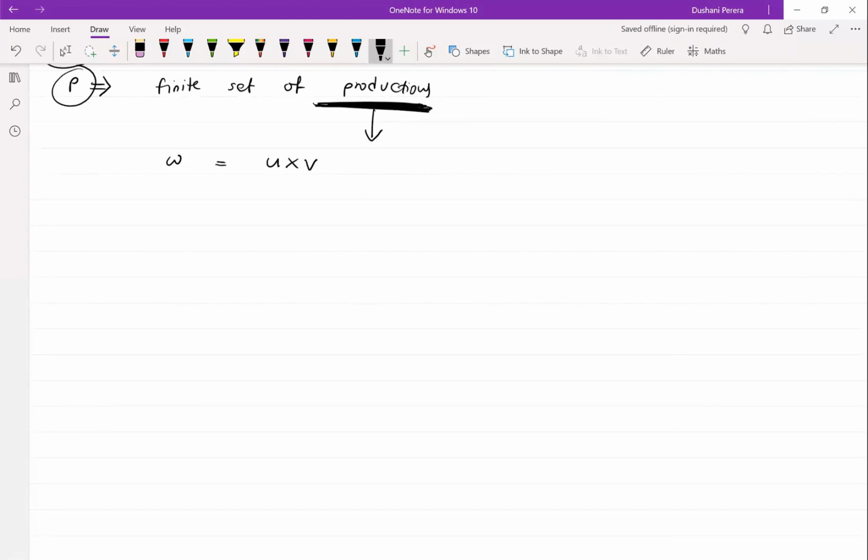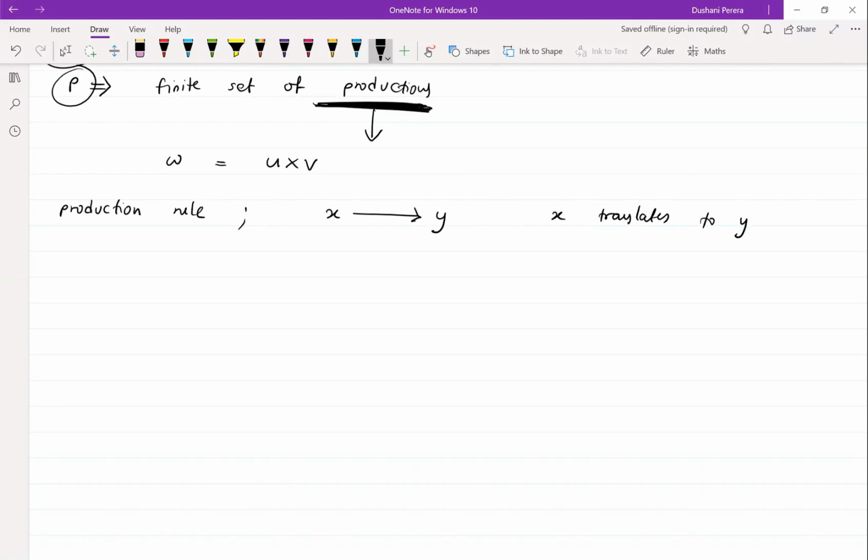Now the production rule that we have, let's say we have a production rule X to Y. Now this is the format of a usual production rule. How do we say this in English? X translates to Y. So X translates to Y is a production of the grammar that is given to us.